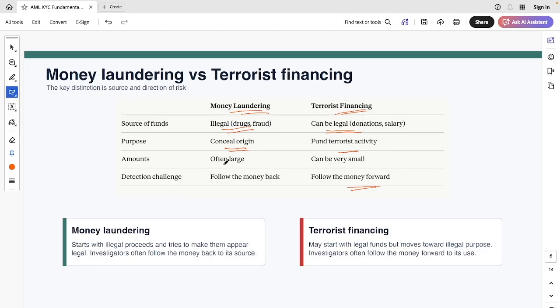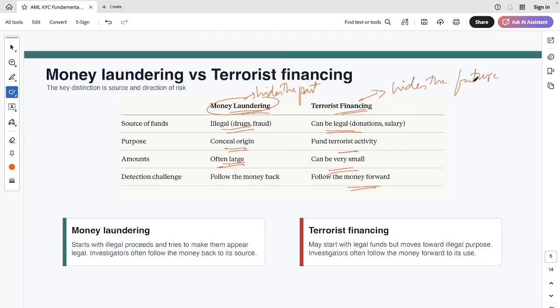Also, money laundering often involves large amounts, whereas terrorist financing involves small to large amounts as well. Money laundering hides the past, and terrorist financing hides the future.